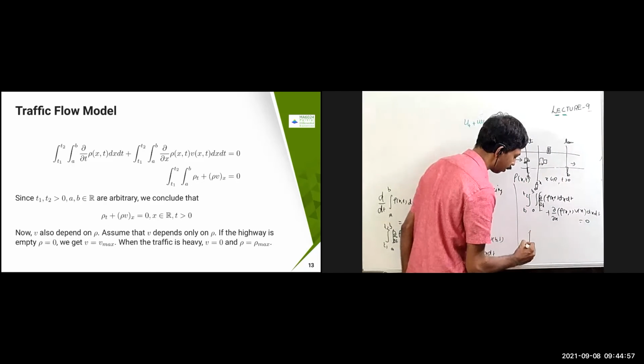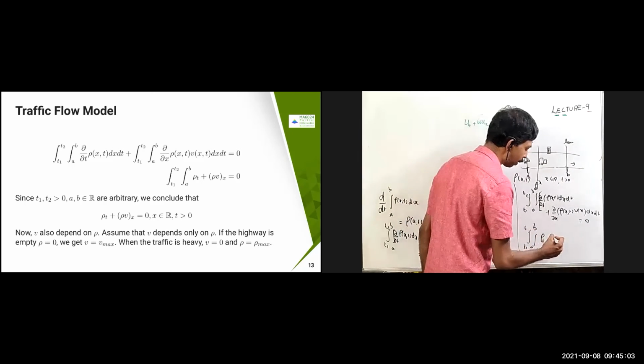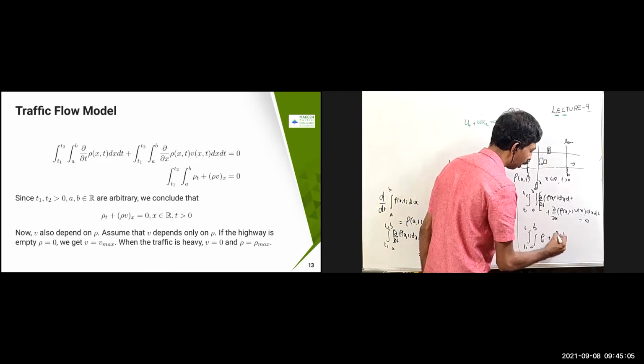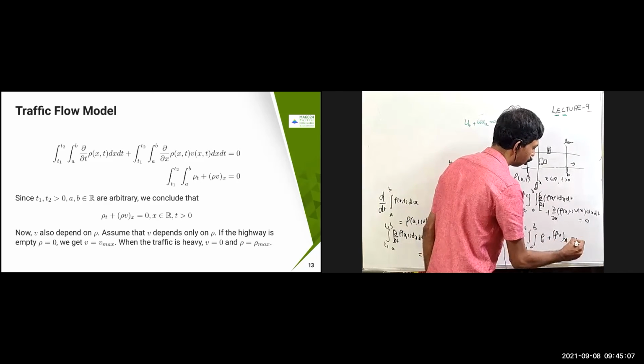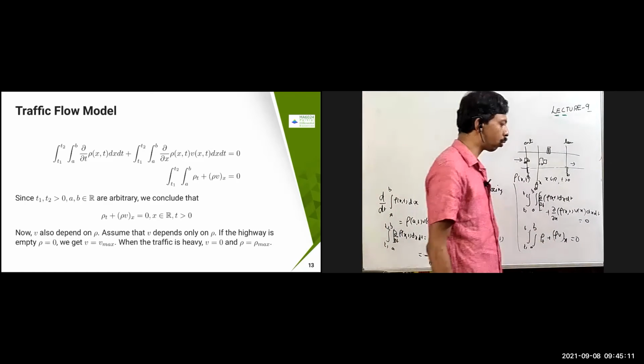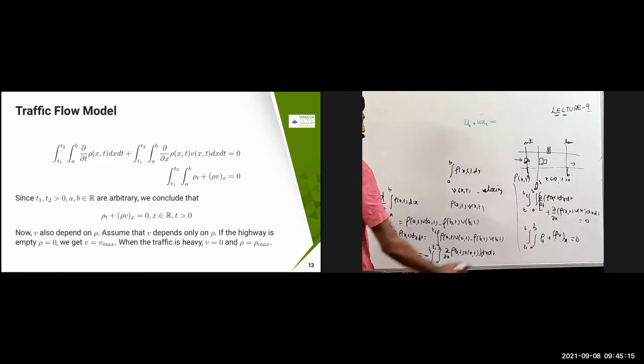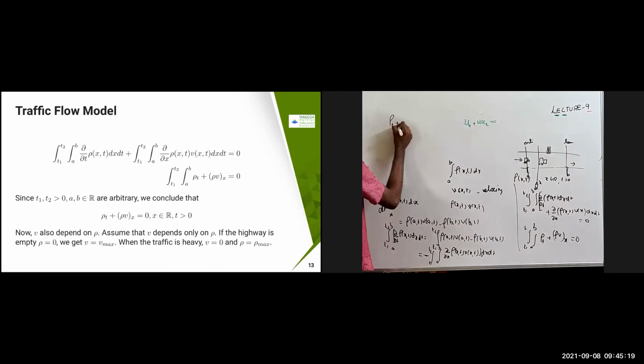So this is the integral of rho_t plus (rho v)_x, equal to 0. Since t1, t2 and a, b are arbitrary, from this equation you get rho_t plus (rho v)_x equal to 0.